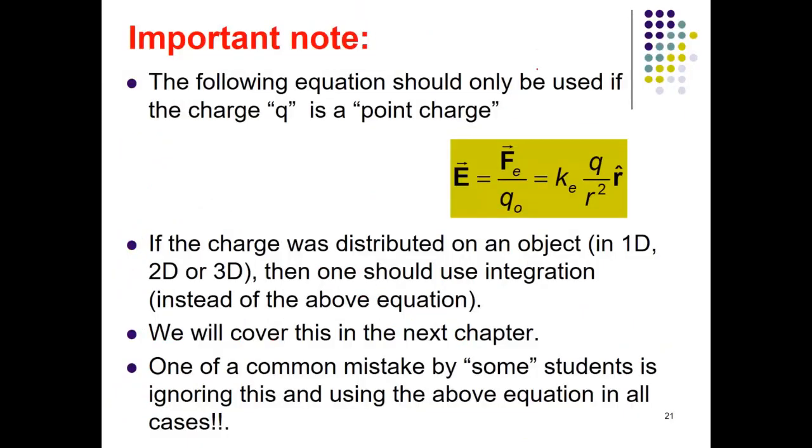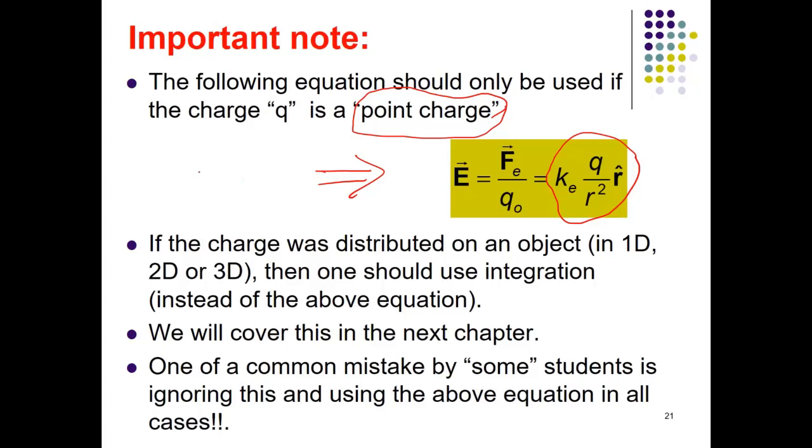This is just a note that is going to be clear when I talk about the next chapter. So just one final note. The equation that we use for finding electric field is, by the way, only correct for point charges, because in the next chapter we are going to deal with distributions of charge.